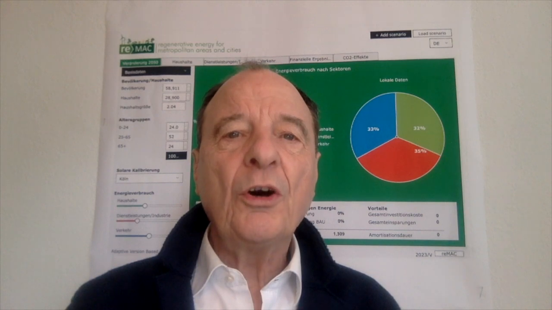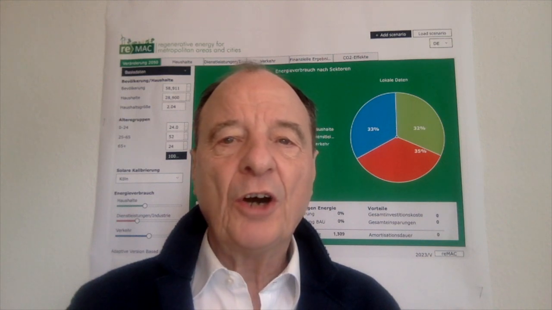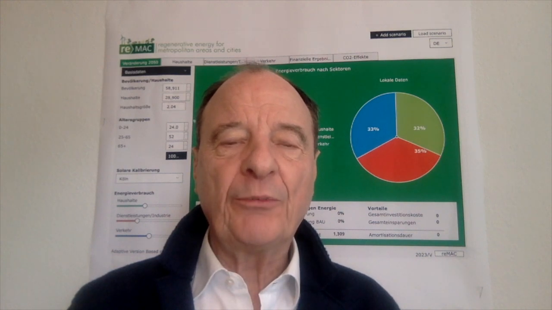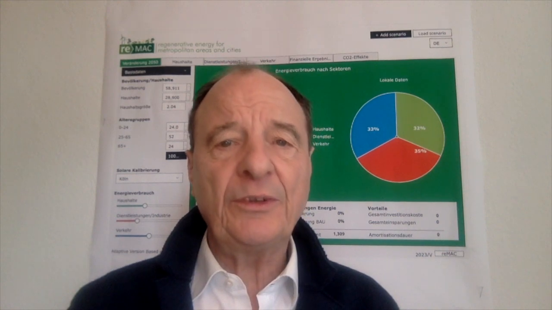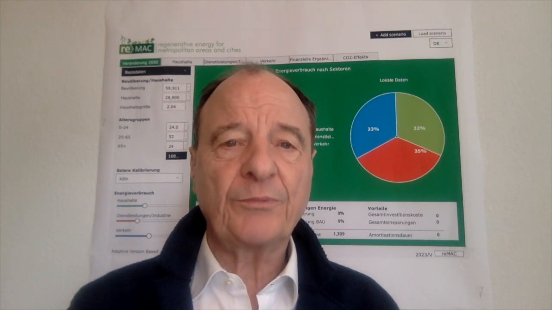In almost all workshops, the end result for the target year 2040 was a CO2 saving of around 85% and a payback period of more or less 10 years, even though the workshop participants made moderate assumptions.